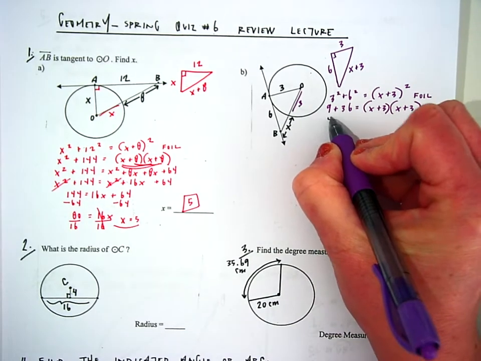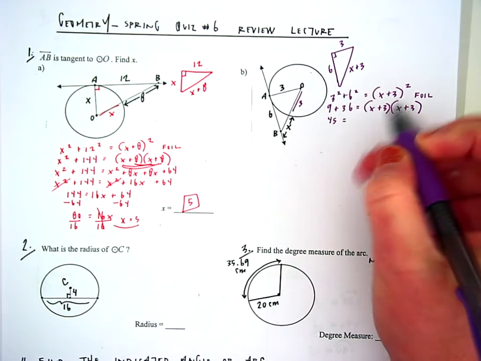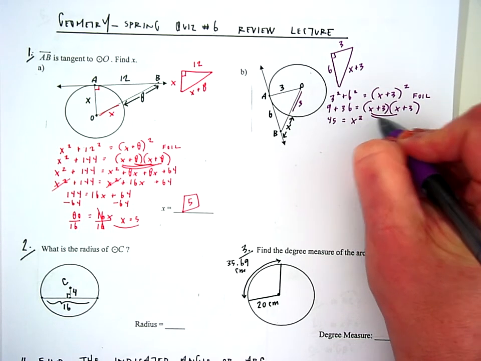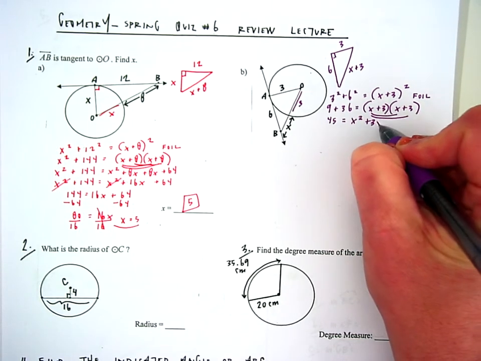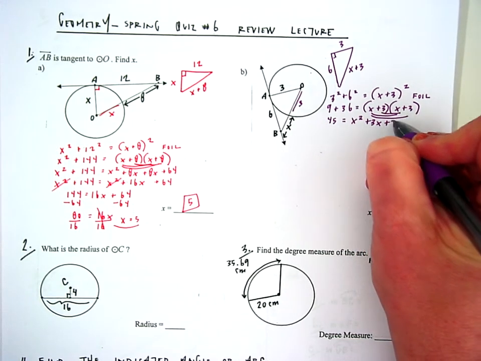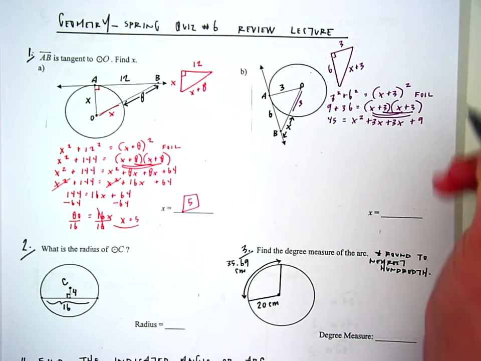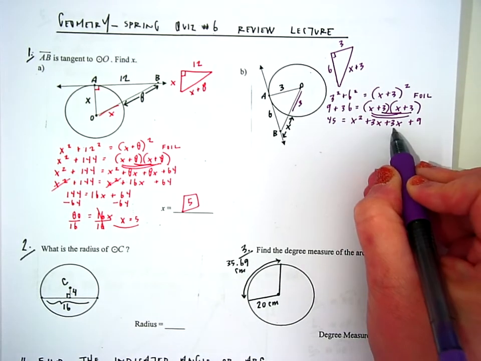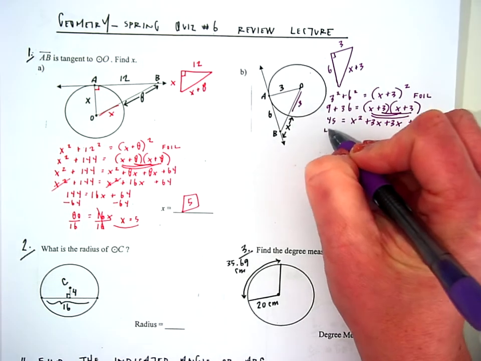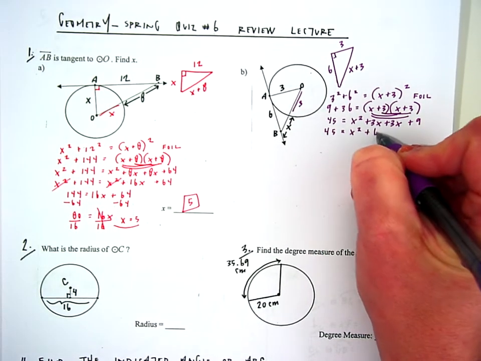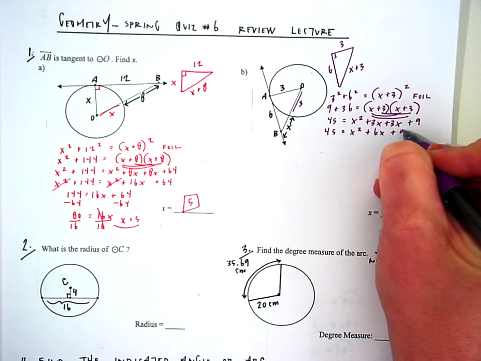On this side I have 45. So 45 is equal to, here's my first, the x squared. Here's my outer, 3x. Here's my inner, 3x. And here's my last, the plus 9. And then again, I'm just going to consolidate and combine those like terms. So 45 equals x squared plus 6x plus 9.